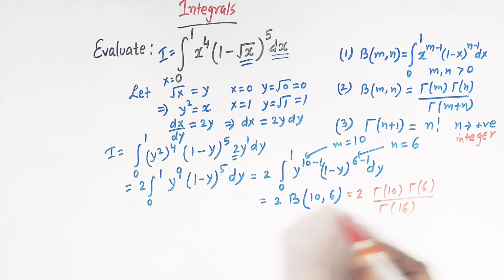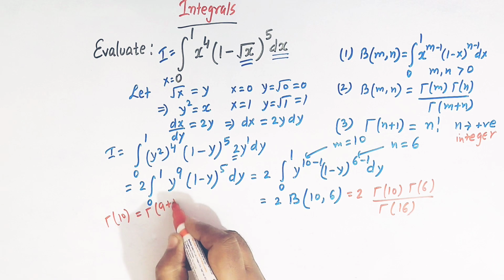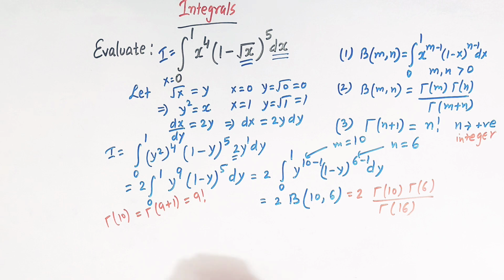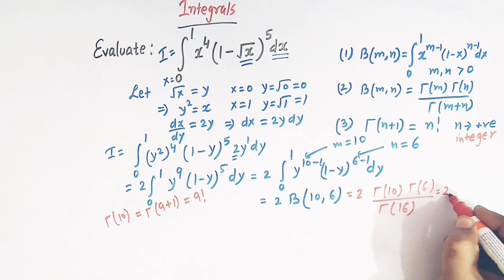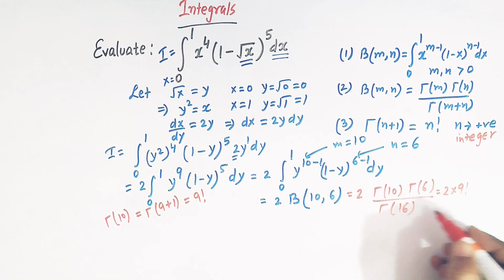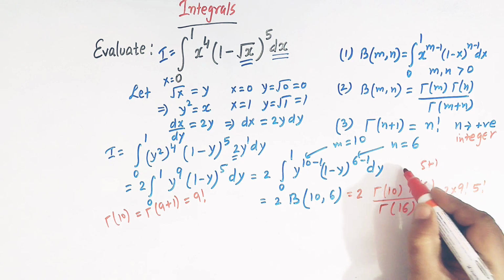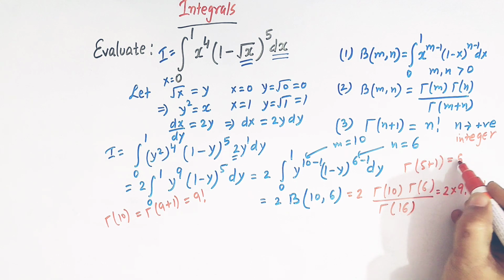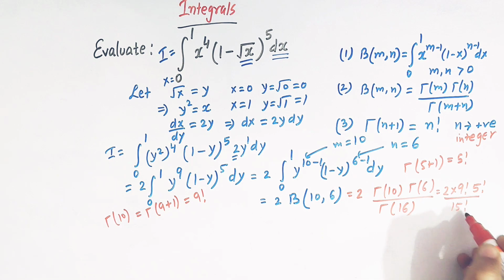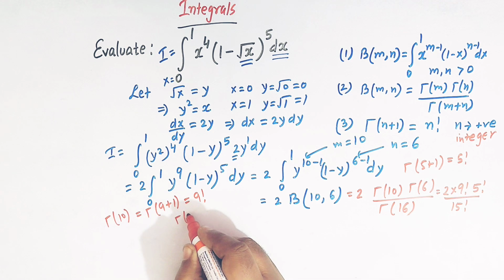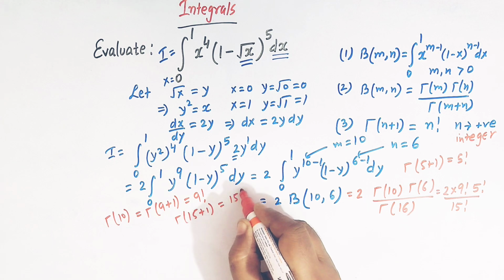So here gamma of 10 can be written as gamma of 9 plus 1, that is equal to 9 factorial, and similar is the case with 6 and 16. So we have 2 times 9 factorial, then 5 factorial, since 6 can be written as 5 plus 1, and gamma of 16 is 15 factorial, that is, gamma of 15 plus 1 is equal to 15 factorial.